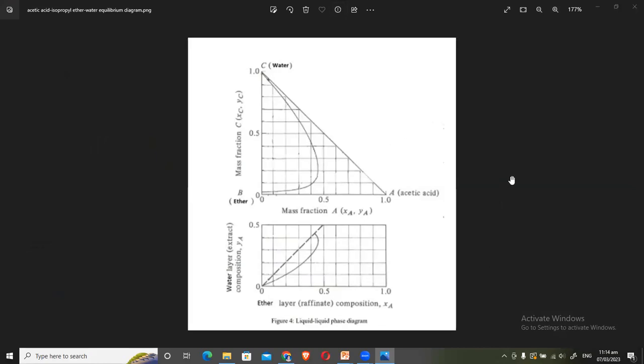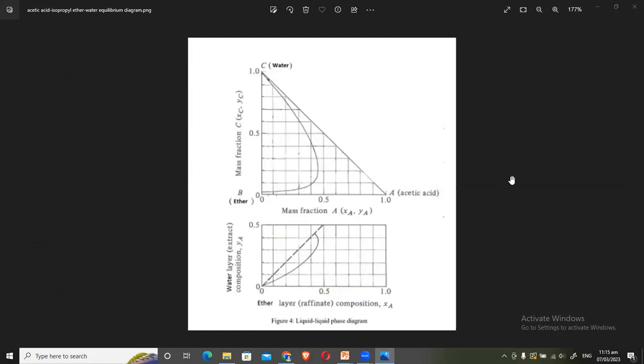You can see the equilibrium diagram here for your acetic acid isopropyl water system. So that's our equilibrium diagram. Our goal is we will find the composition of the extract layer.